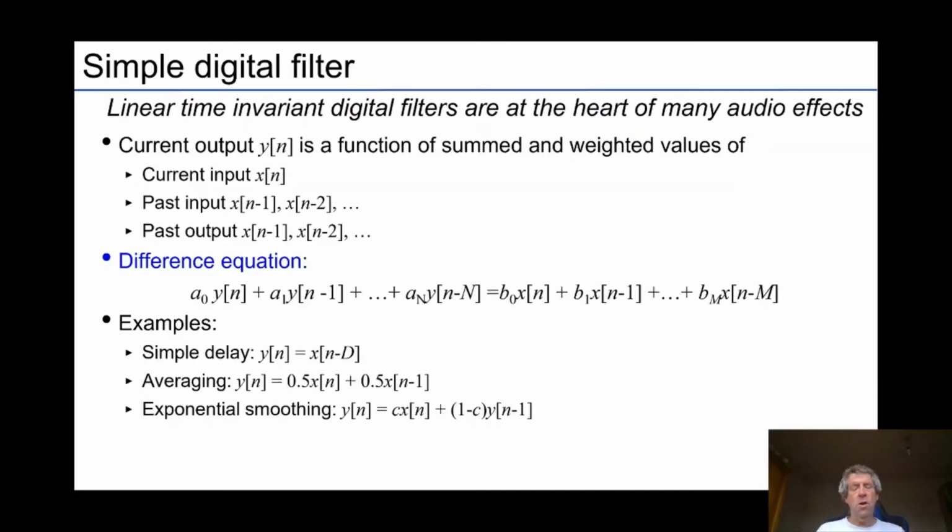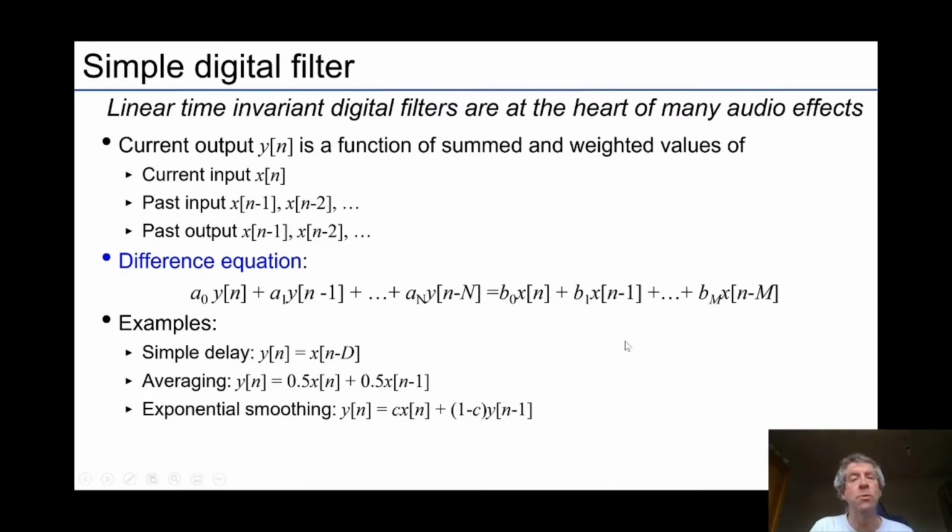The equation right here, which is if you take the current output and the previous output and the one before, you have coefficients for all of them, that equals some weights applied to current and previous outputs, which means you can put everything but the y of n term on one side and you're left with current output y of n is just this weighted sum of the current input, the past inputs, and past outputs.